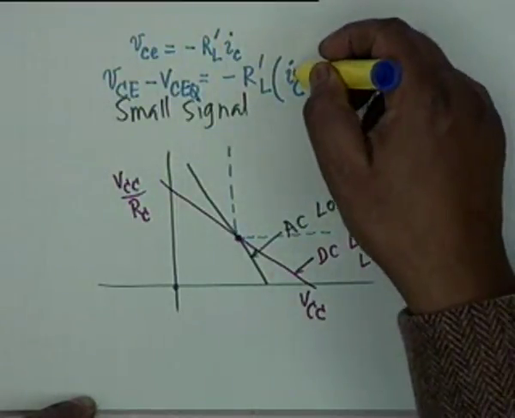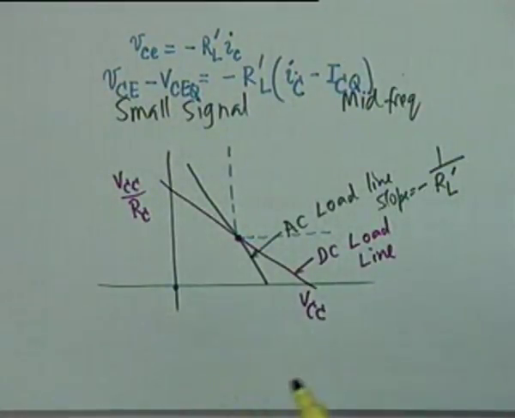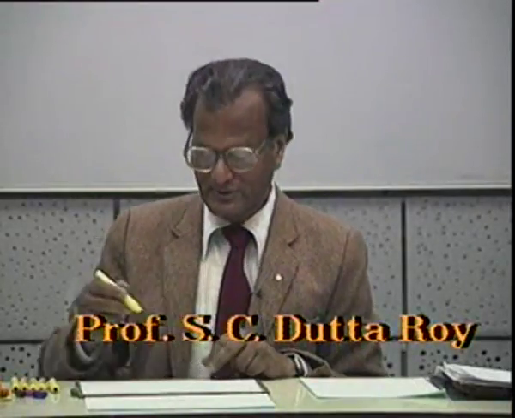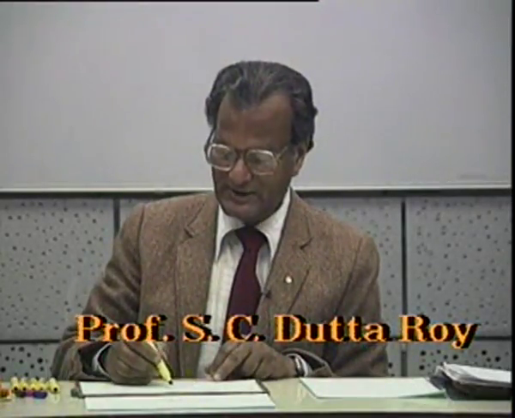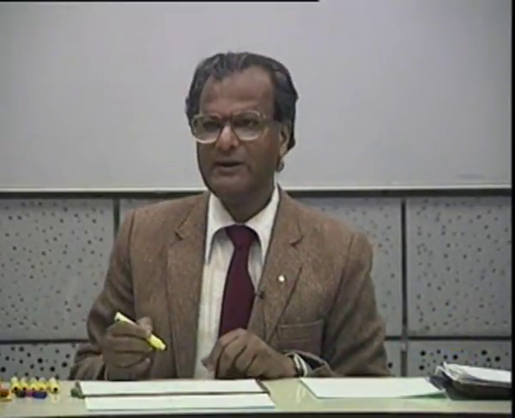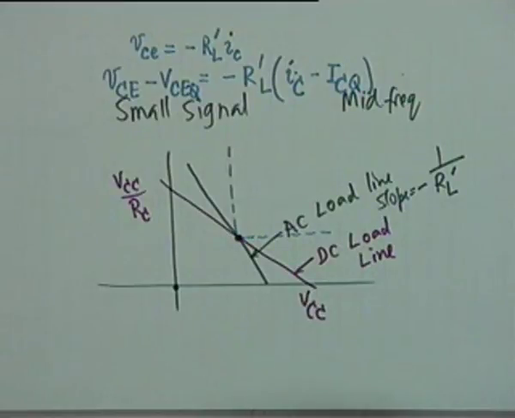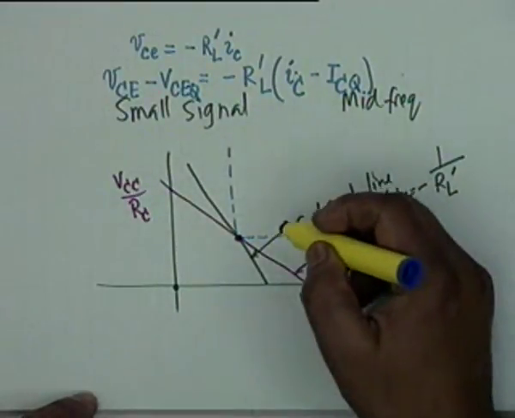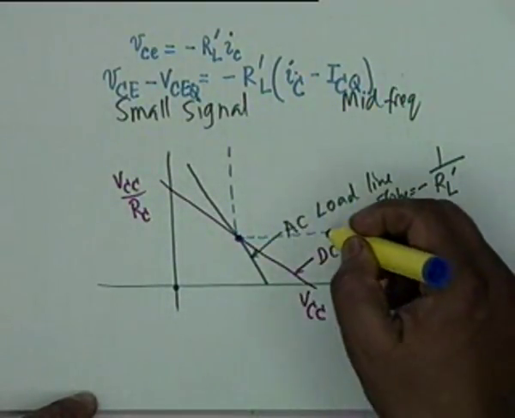When the total collector current is equal to the Q point DC collector current, the incremental current is 0. So it is as if this has been transferred to this point, and AC operation is now on this green line.